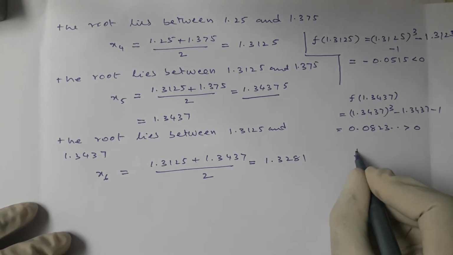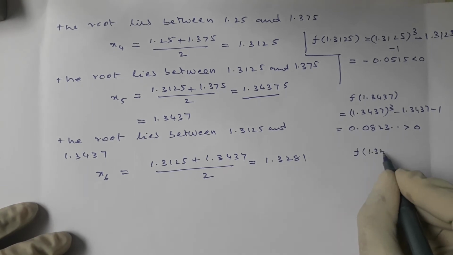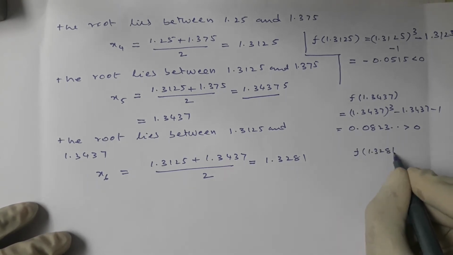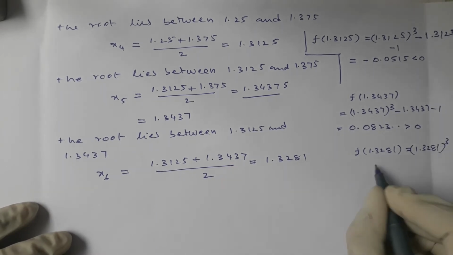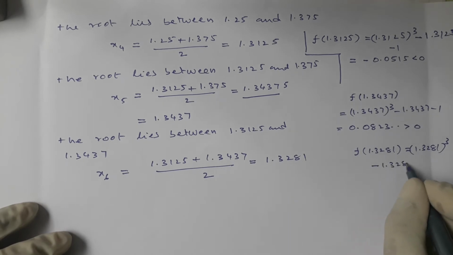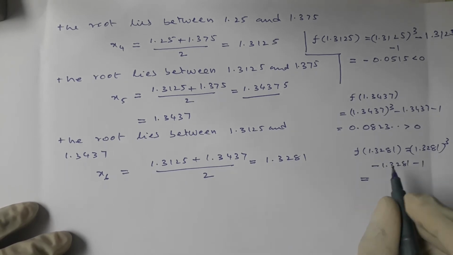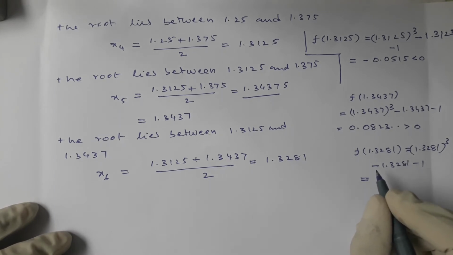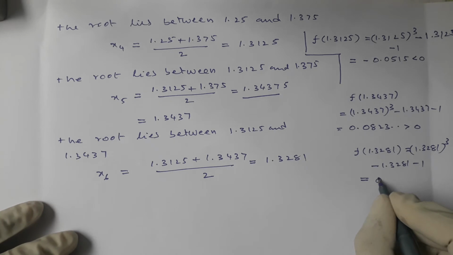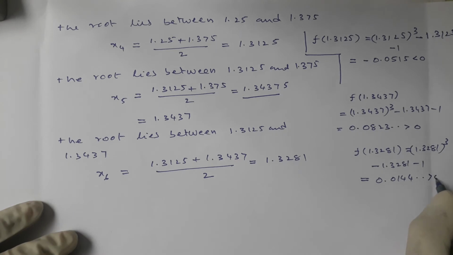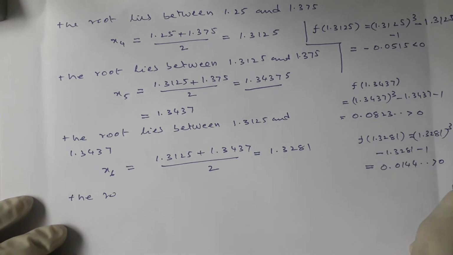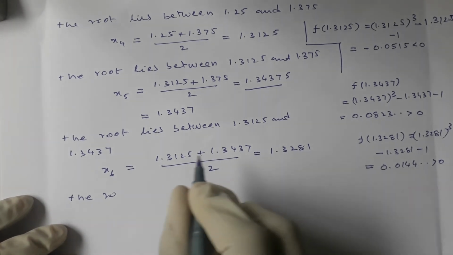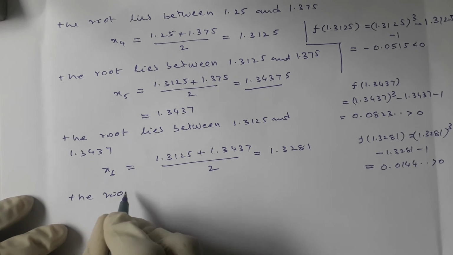So substitute this: f of 1.3281 is equal to 1.3281 whole cube minus 1.3281 minus 1, and the value is 0.0144. It is greater than 0. So whenever it is positive, the root lies in between.